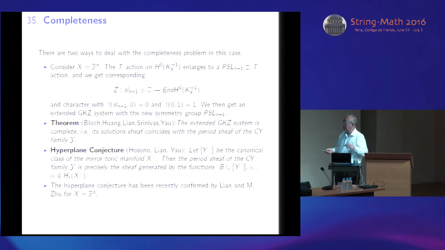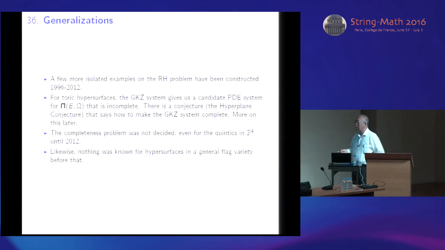This would be a very satisfactory answer to be able to calculate the period sheaf. And this, as I said, can be done in several cases, including an important case for Pn solved by Bong Lian and his student Zhu. Oh, no, Zhu is not his student; he's a professor at Tsinghua University.